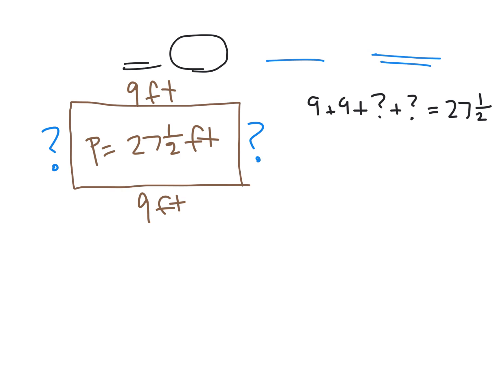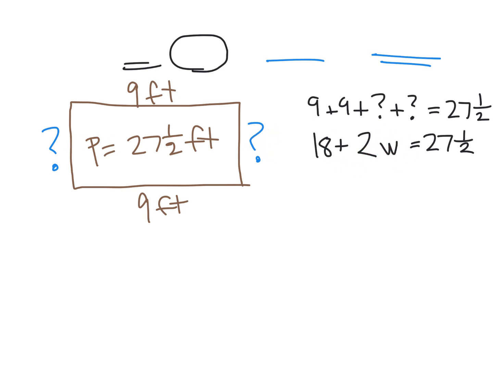So really, that's 18 plus, now I'm going to be a little bit more thoughtful, 2W equals 27.5. And what does that mean? I'm saying basically 18 is because 9 plus 9. And then 2W is, I'm thinking of 2 widths. I've got a width here, I've got a width here, so I'm going to call that 2 widths, or 2W, 2 times the width, because I've got 2 of them.